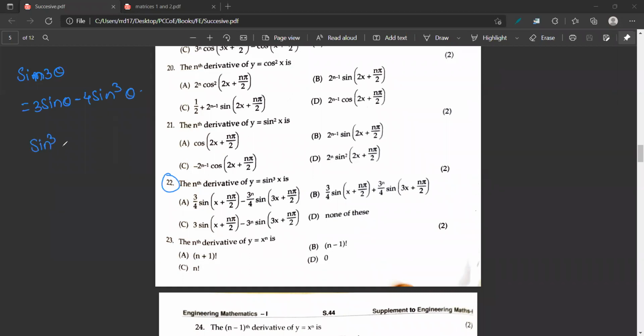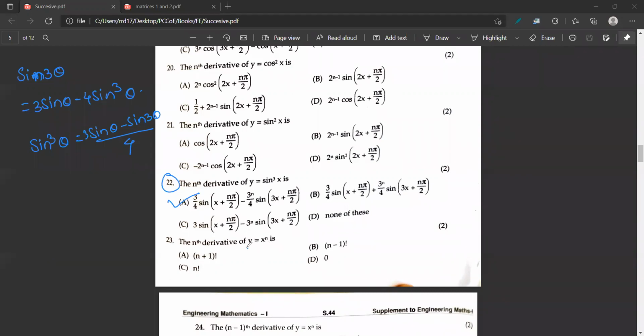So we'll be getting sin cube theta equals 3 sin theta minus sin 3 theta by 4. Now you can apply the formula and you will get the answer, option A. Clear?